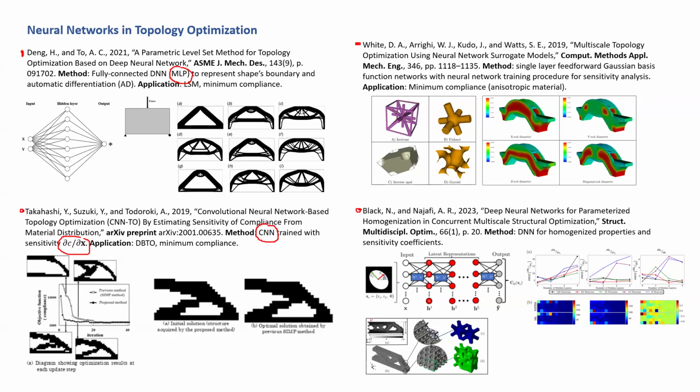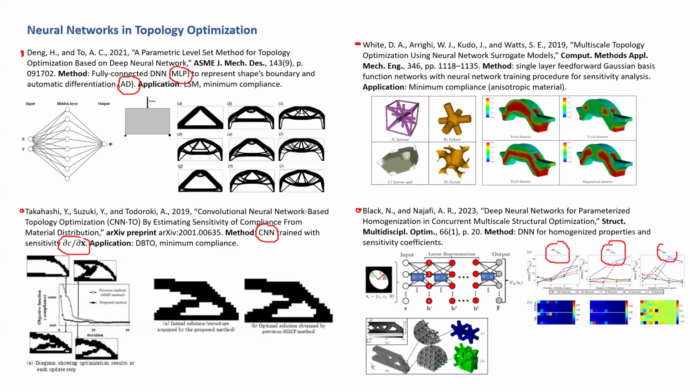Also, instead of training the neural network to get the sensitivity coefficients, they use automatic differentiation, and that is pretty much what the state of the art is in the application of the networks. For homogenization-based topology optimization, the neural network is trained to find the derivatives.